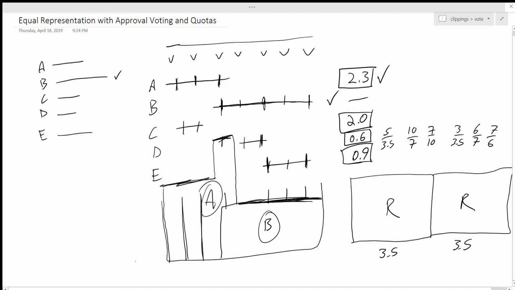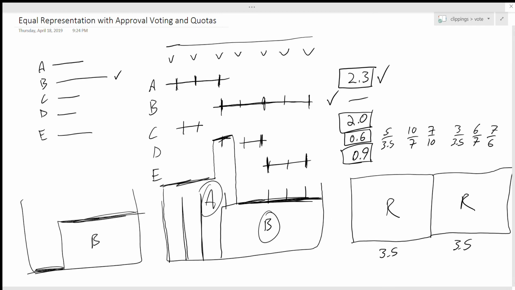You could have had B being the only representative. Then you would have some people being represented and some people not. And that wouldn't be good. I guess the quota bucket would be a little bit smaller in this case.